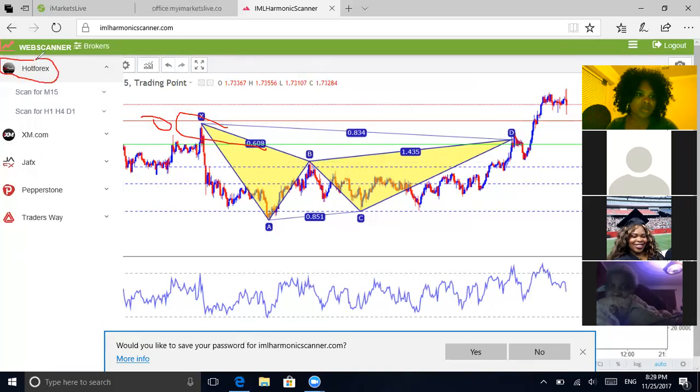If you're in Nigeria, this is what they use. For US it is xm.com. I don't use that one. I use GFX and Traders Way is what I use. LMFX is not here, but it's also a good broker to use. So usually you come up on here. Hold on, let me see.